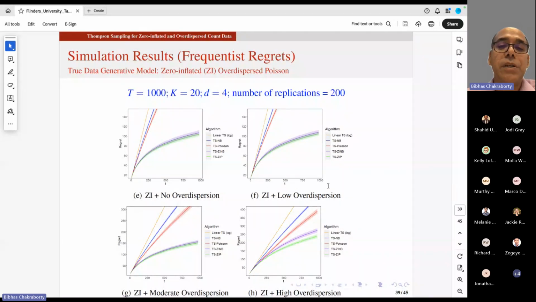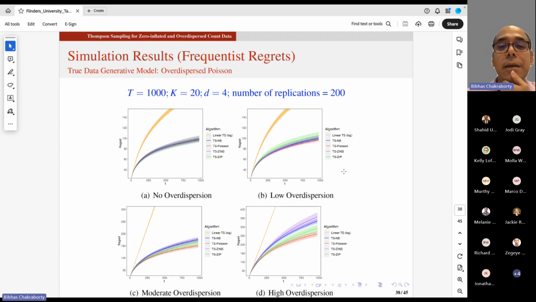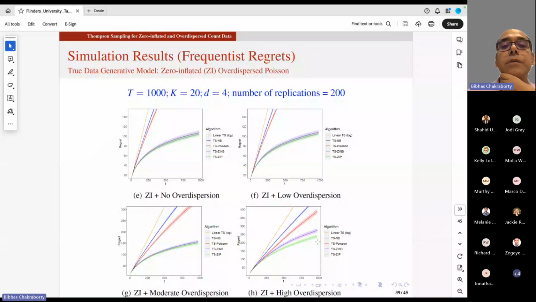That is another observation here. For the zero inflated data, the green one, the ZIP model, zero inflated Poisson, is doing the best. And if I go back to the previous slide, the red one, which is the Poisson, is doing the best, with the lowest regret. So Poisson, zero inflated or regular, is doing better than the negative binomial.